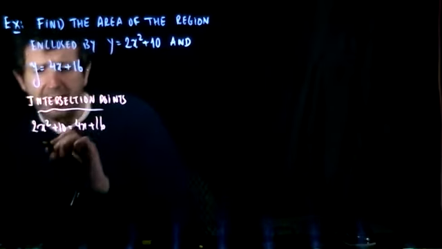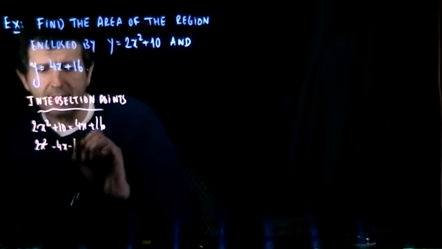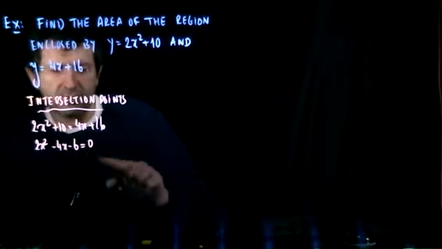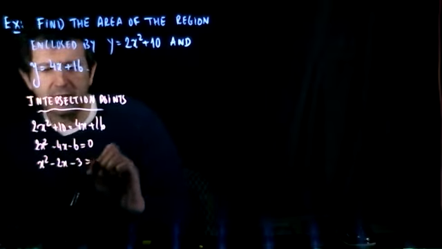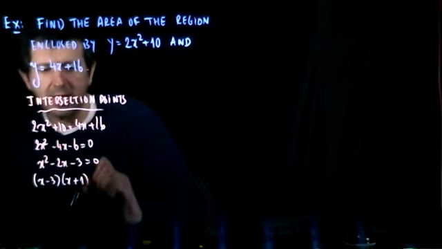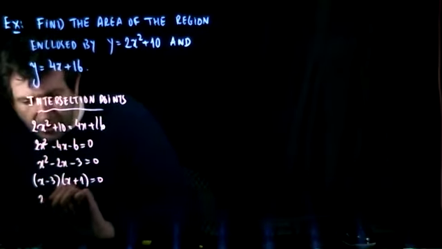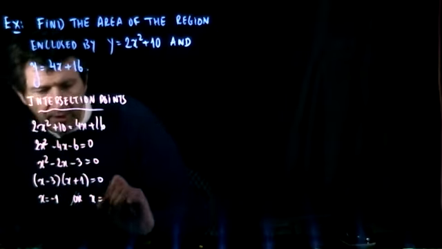I send everything to the left. 2x squared minus 4x minus 6 is equal to 0. Divide everything by 2. x squared minus 2x minus 3 equals 0. And then you factor: x minus 3, x plus 1 equals 0, which means that either x is -1 or x is 3.